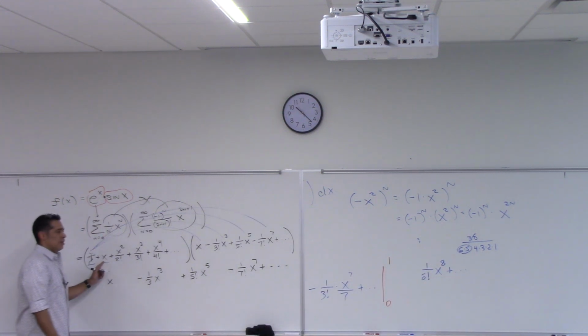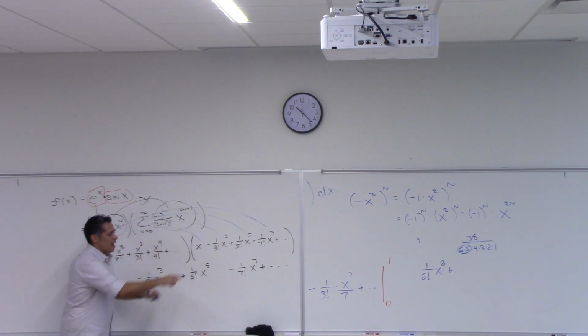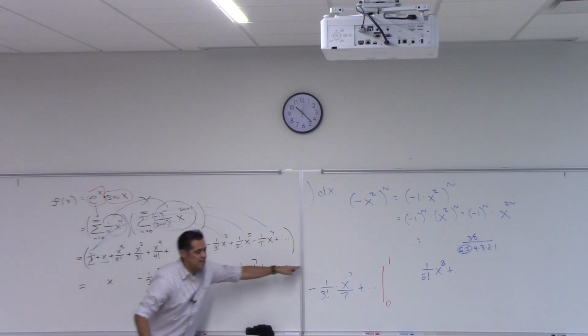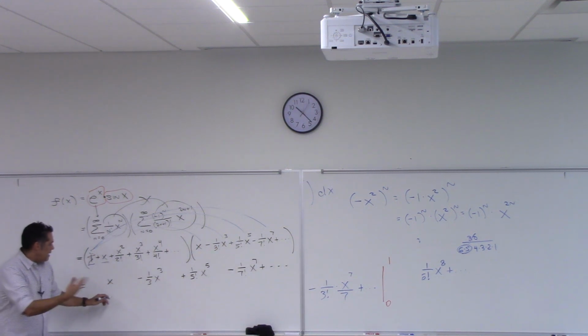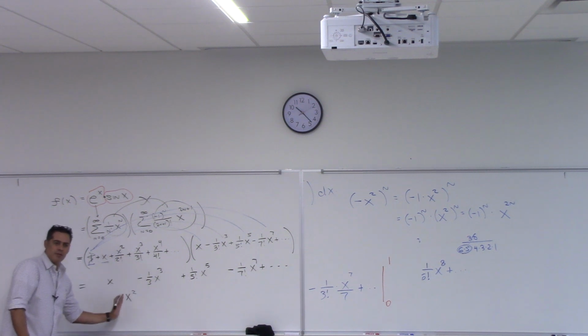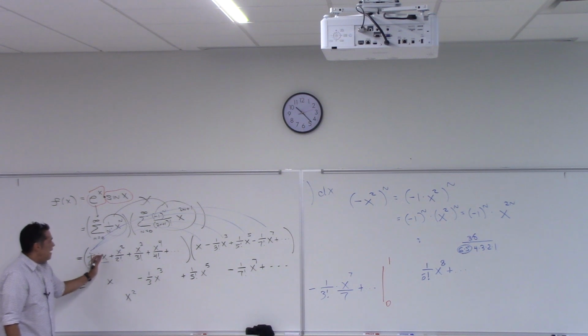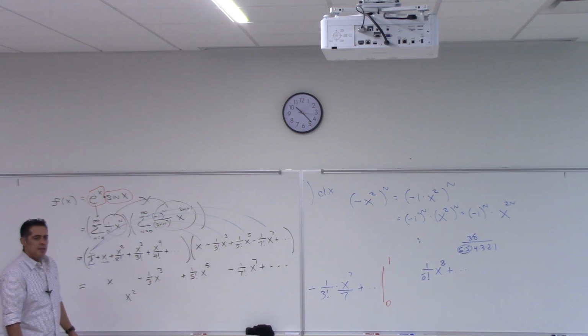Now I'm going to do the x through. When I do x times this, what do I get? X squared, which I could add down there at the end of these dots, but I'm not going to do that. I'm going to line them up vertically. So I have x squared, and I put it right here in this column for x squareds. Then what do I have? X times this is minus 1 over 3 factorial x to the fourth.